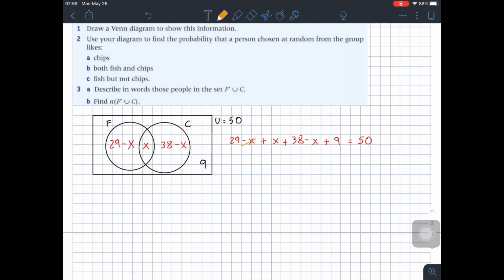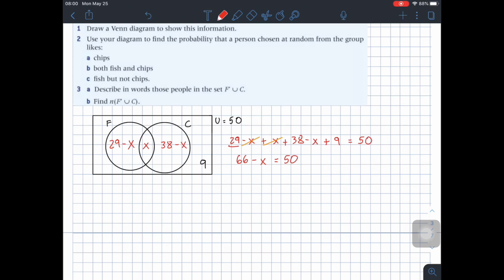We can simplify this x with this x, and let's see if we can do this without a calculator. We would get 29 plus 38, that is 57. 57 plus 9 is 66, right? So we're going to have here 66 minus x equals 50, right?